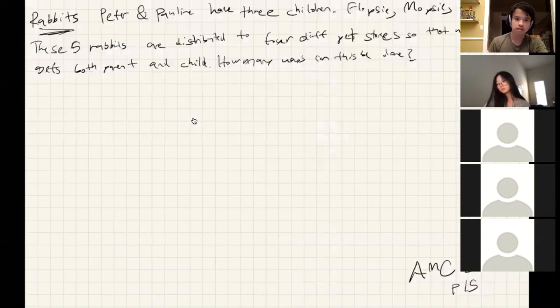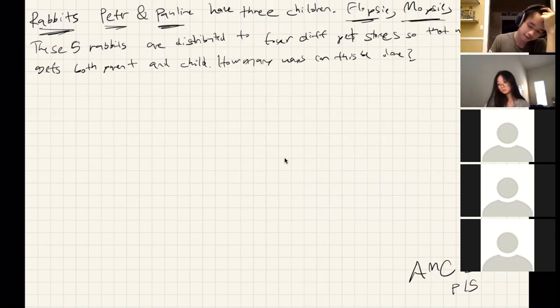All right, back to this, which is another casework example, I guess. Rabbits Peter and Pauline have 3 children, Flopsy, Mopsy, and Cottontail. They're very stupid names. These 5 rabbits are distributed to 4 different pet stores so that no store gets both a parent and a child.